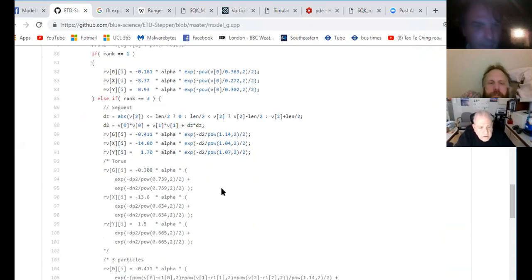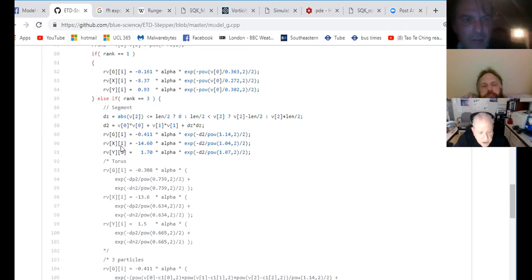Okay, segment. So notice he's got segment work there. So he's defining, okay, and I think we might be able to ignore the DZ. I think it's like the RVGXY. I believe that's the code for 1 dimension.